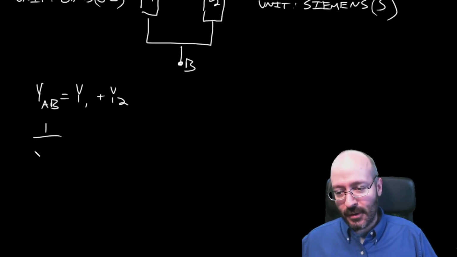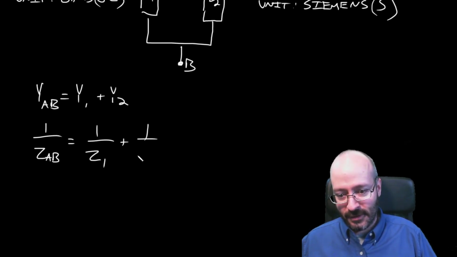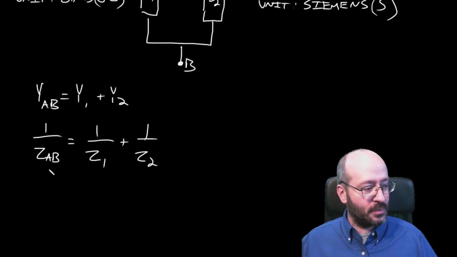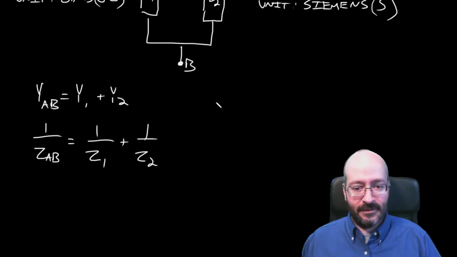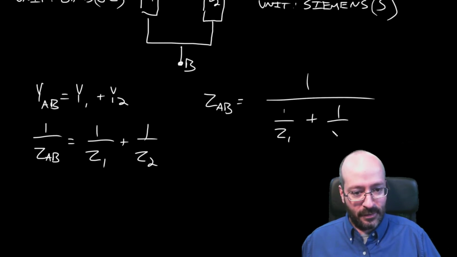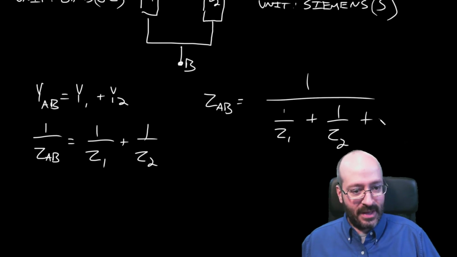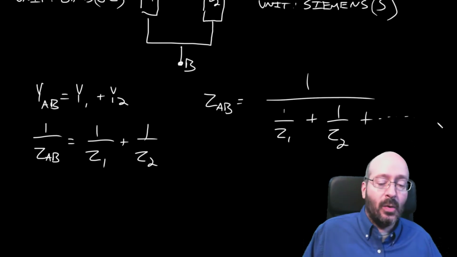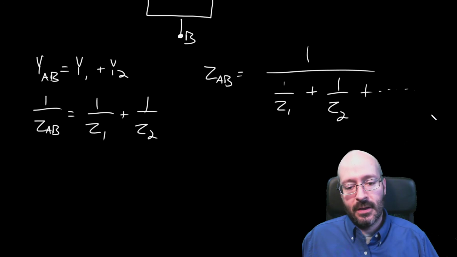So it's going to be 1 over ZAB equals 1 over Z1 plus 1 over Z2, which we can solve and find that ZAB is equal to 1 over the quantity 1 over Z1 plus 1 over Z2. And if we have more than 2, we can add terms on the bottom.